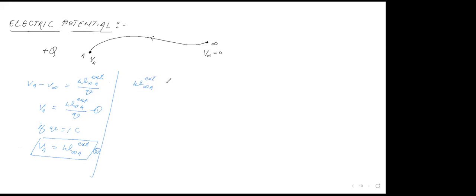This value can be written as integration from RB, which is infinity, to RA, the position of A, of minus QE dot dr. This is your equation number 3.